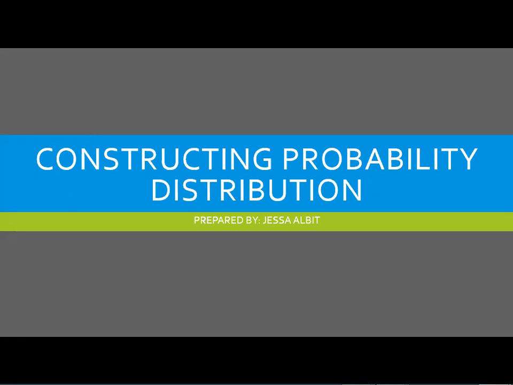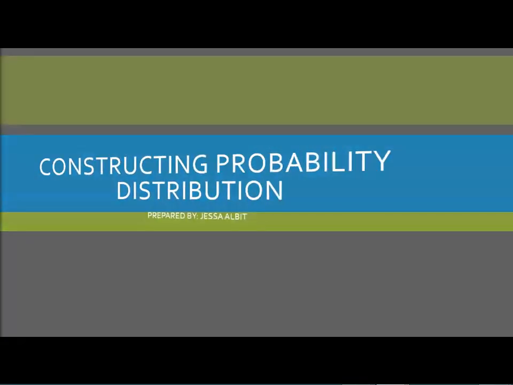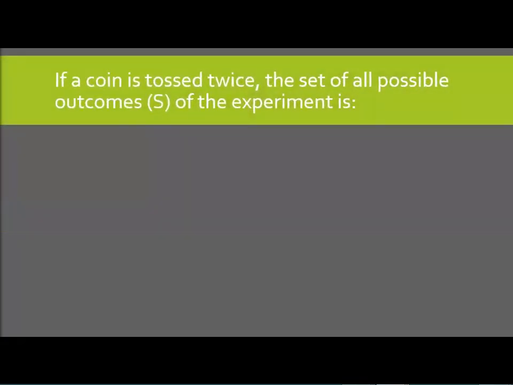So now, let's start this one with an example. In the previous video, I showed you an example like this. If a coin is tossed twice, the set of all possible outcomes of the experiment is this.